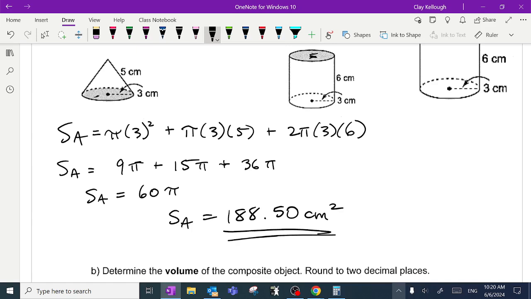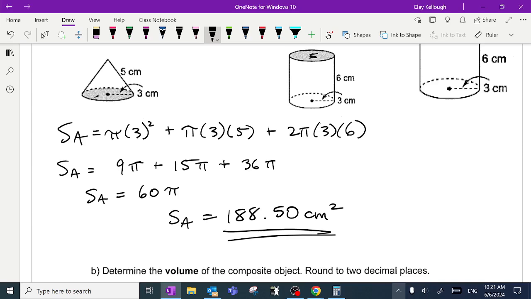Just like on the last example, guys, the volume doesn't lose any space. When I stick this cone on top of this cylinder, I don't lose any of the space inside either object. I lose this outside circle and that outside circle of 2D space, but my 3D space is all still here.